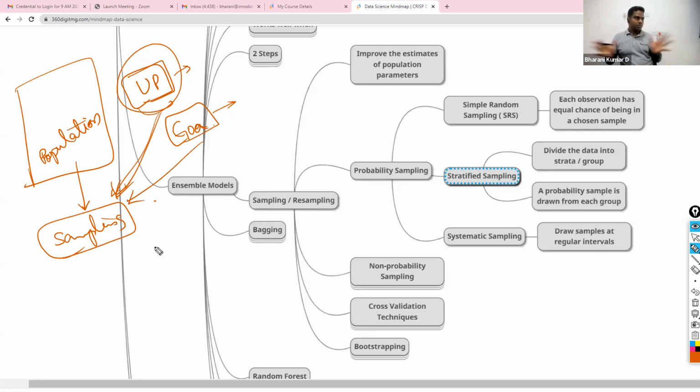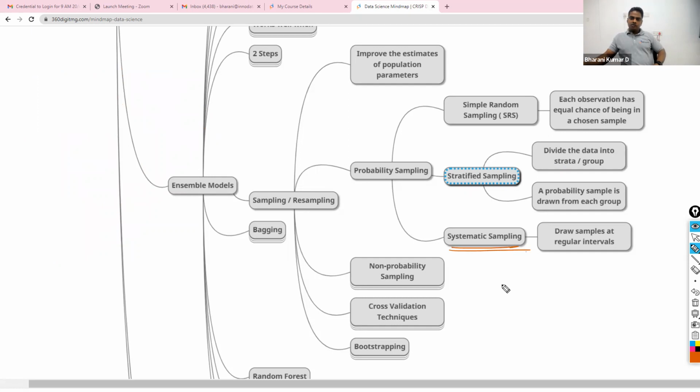In that way, you divide. Every state might be one strata, or every district could be one strata or group. From that, you randomly sample and proceed further. That's called stratified sampling.